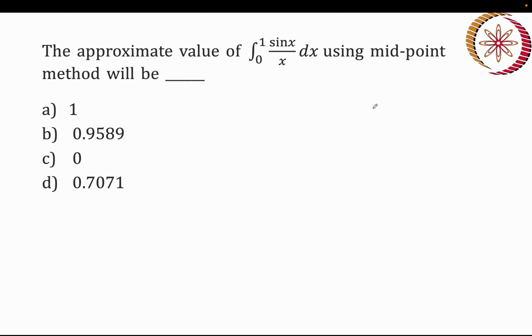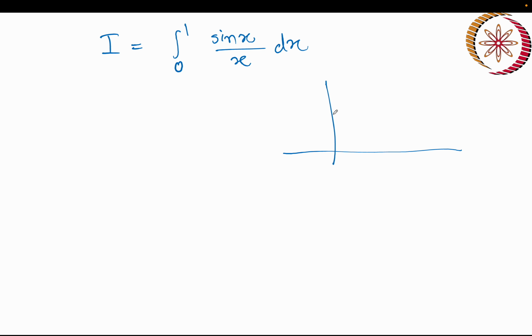Okay, the approximate value of this integral using the midpoint method will be. So what we have to find out is the integral from 0 to 1 of sin x upon x dx. Whatever the functional form this has, in general let's say that there is some function.